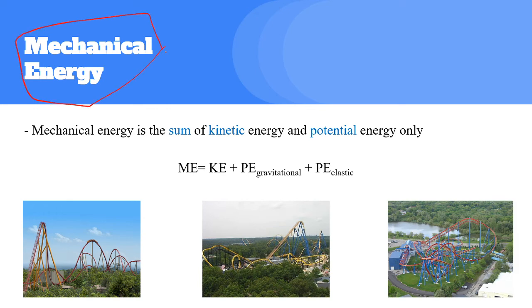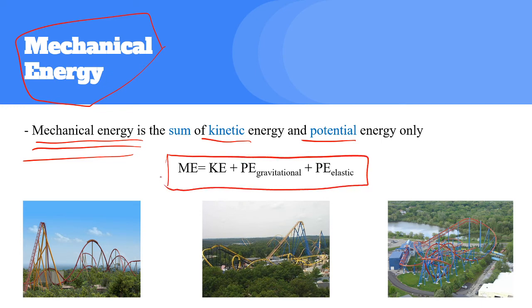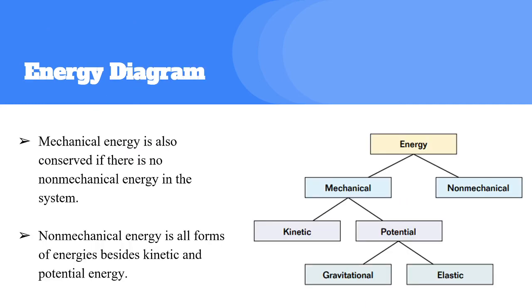They are called mechanical energy. Especially the kinetic and potential energy, when you add those two together, then we call that mechanical energy. And why is it important? Because those two forms of energy are also going to be conserved.